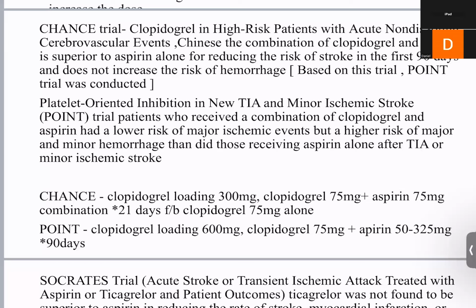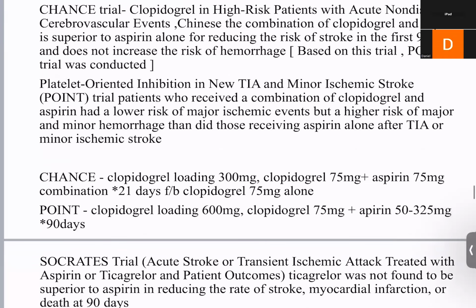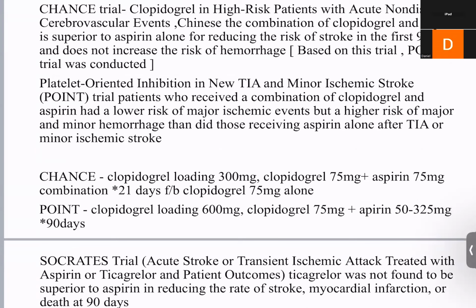In the POINT trial, they gave a loading dose of clopidogrel 600 mg, followed by dual antiplatelet agents, clopidogrel 75 mg and aspirin. Low dose aspirin, they suggest, can range from 50 up to 325 mg for up to 90 days. Again, this has shown the same results in reducing the risk of stroke, and again does not increase the risk of hemorrhage.